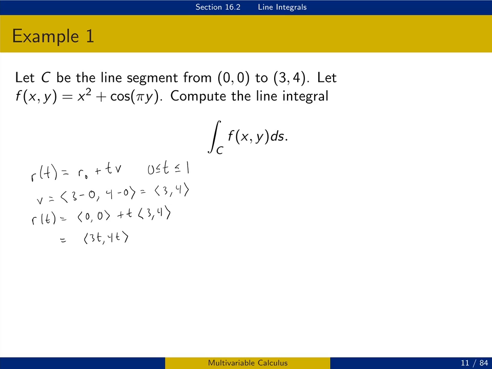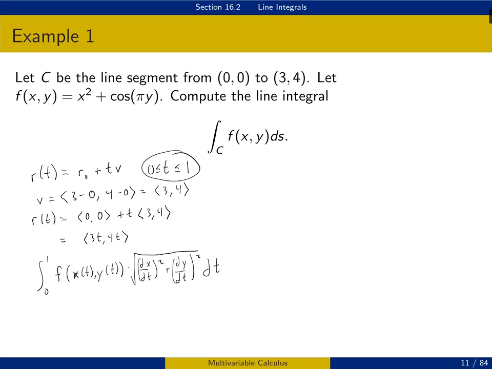But remember that computing this line integral is going to be taking the integral from 0 to 1, because that's our range of t, plugging in f of r(t), so that's f of x(t), y(t), and multiplying that by the square root of (dx/dt) squared plus (dy/dt) squared. All of this is dt.